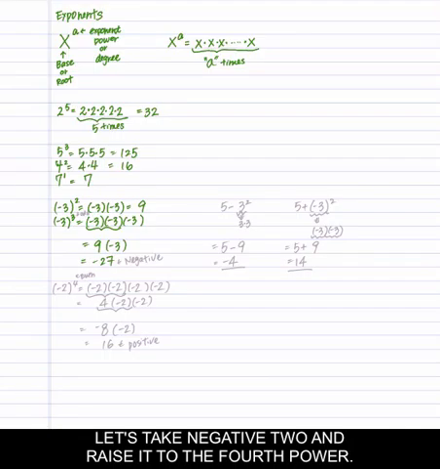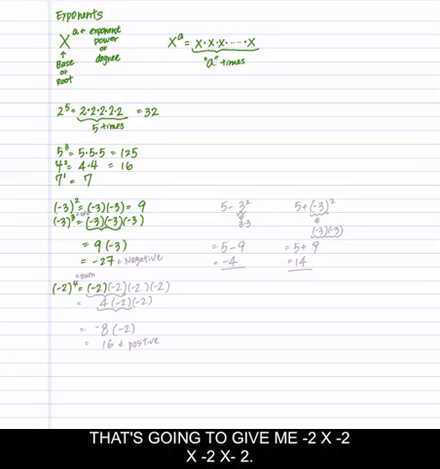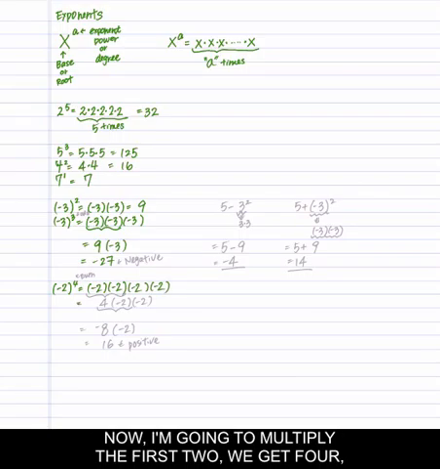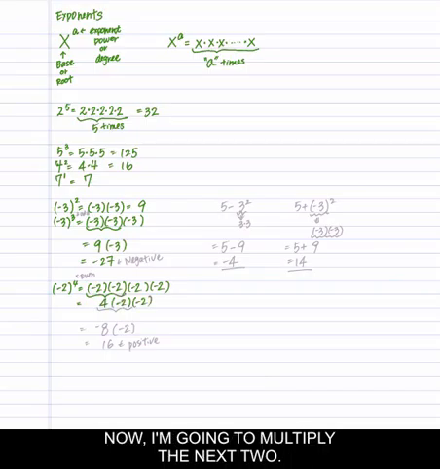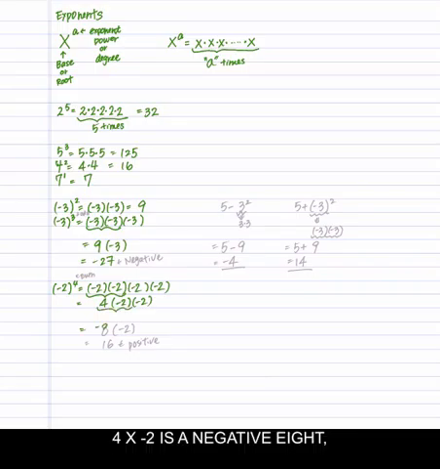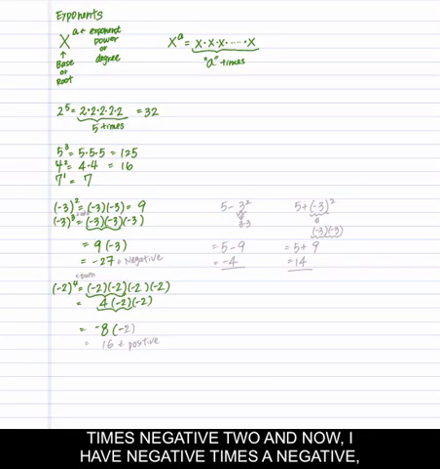Let's take negative 2 and raise it to the 4th power. That's going to give me negative 2 times negative 2 times negative 2 times negative 2. Now I'm going to multiply the first 2 to get 4 times negative 2 times negative 2. Now I'm going to multiply the next 2. 4 times negative 2 is a negative 8 times negative 2.